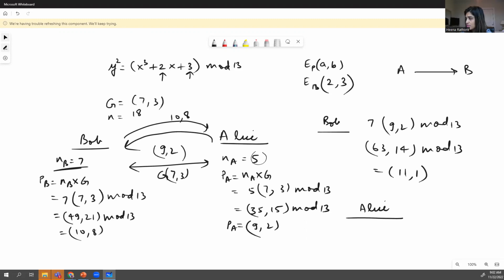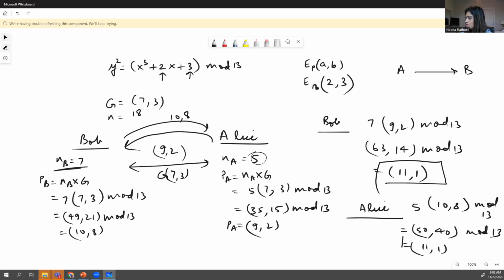It will multiply it with its own private key, which is 5 times 10 comma 8 mod 13. So this becomes 50, and 8 times 5 is 40, mod 13. If you do this, you will get 11, 1. So at the end, we receive the secret key, which is 11 comma 1.